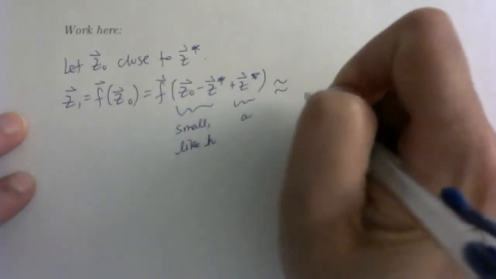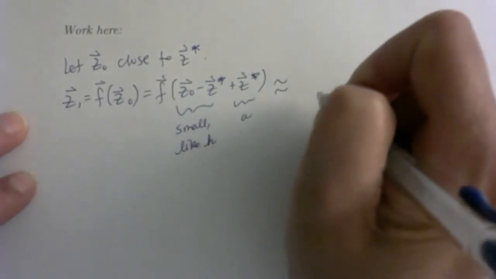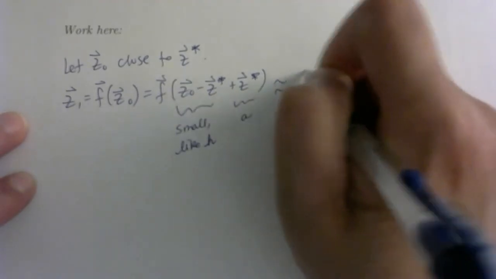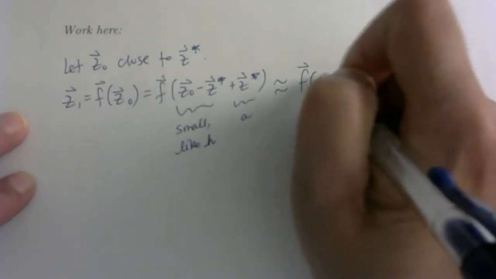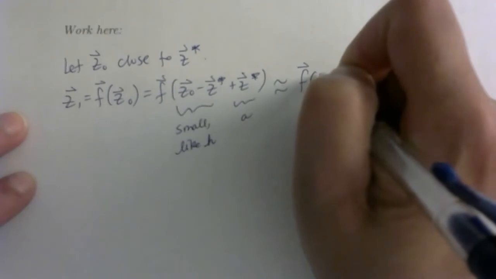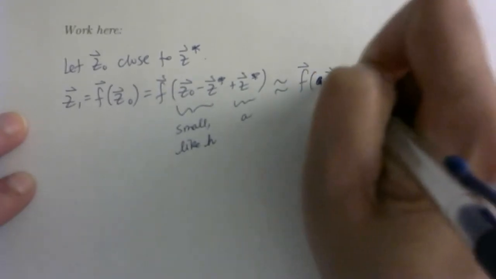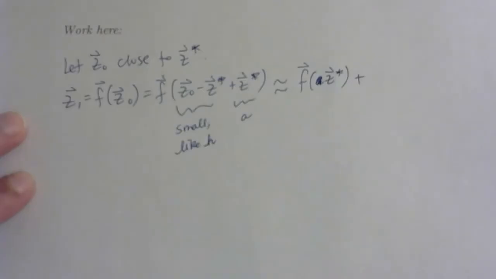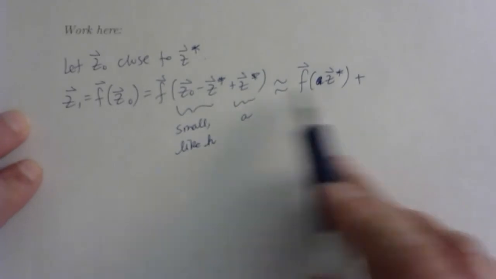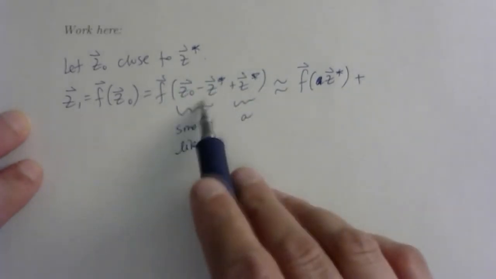And so in that Taylor series or linear approximation notation, this is really F of A, or Z star, plus the Jacobian at that point times this small number, this difference, Z naught minus Z star.